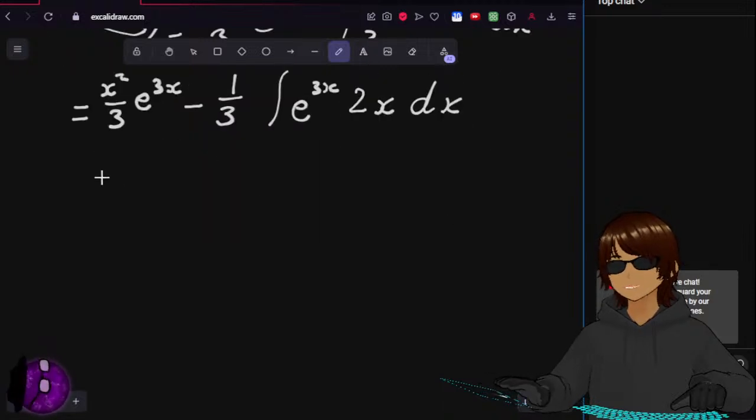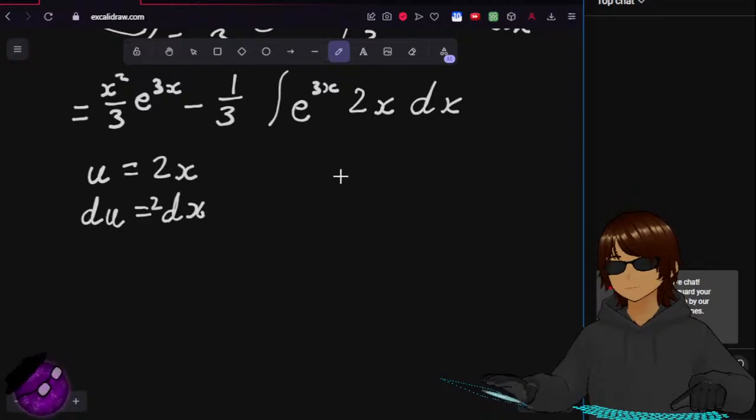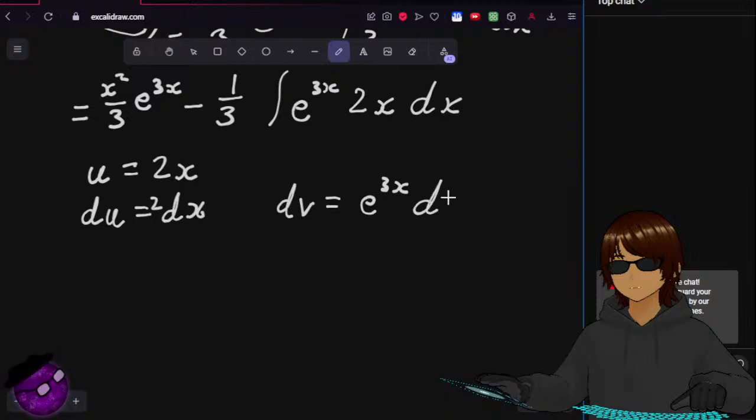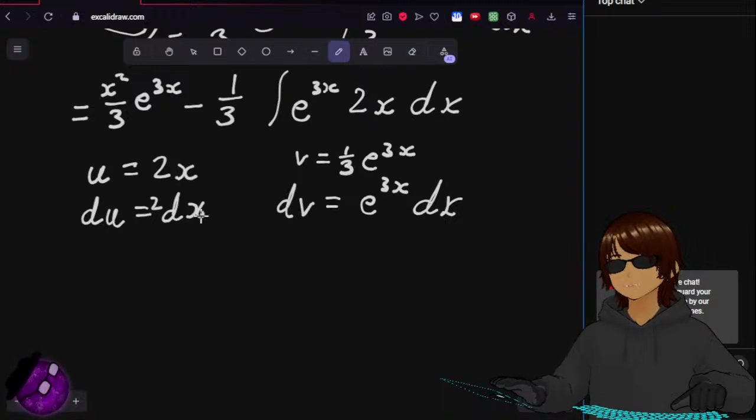So now if I use integration by parts again, 2 dx. dv is equal to dx. What if I switch these? Should I switch? I don't know if it would be easier if I switch. Never mind.